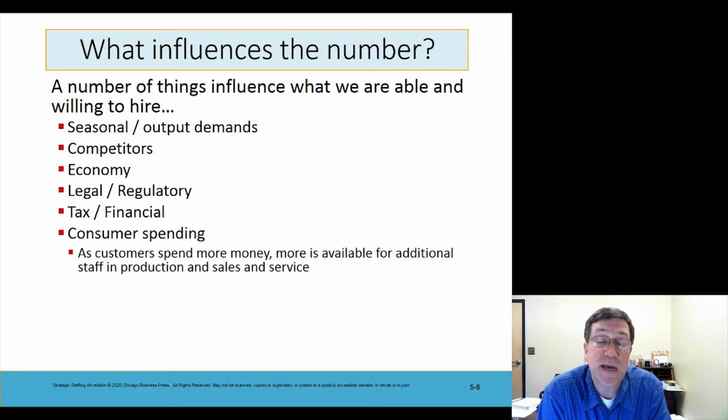If the economy, the population and the environment in our local area, for example in Americus, is bad and people are not spending money on eating out, then restaurants can't hire as many people. They don't have as much money coming in.